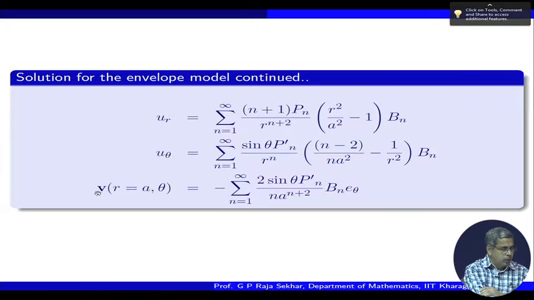You see, even though we have written it as a velocity vector, you have only a tangential component. Okay. So, radial is 0, that is what we have assumed. Now, the surface activity is controlled by the arbitrary constants B n. If B n is 0, there is no surface activity, and if you keep on changing the values of B n, then the surface activity will be changing. So, that is the understanding.